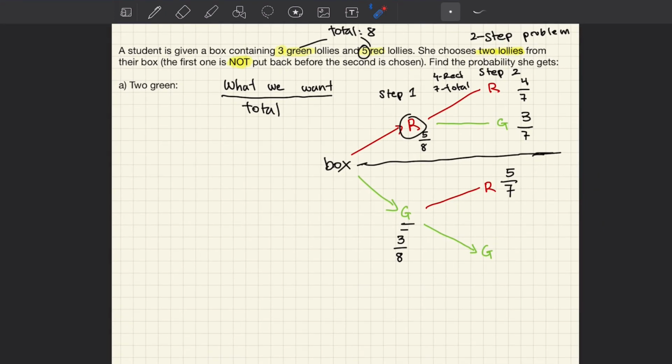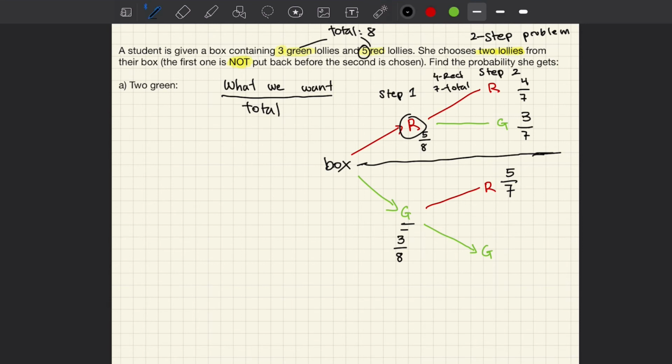If you recall, we didn't take any reds out on this path here, but we took one green out. So our total is going to be 1 less than it was. But we took no reds out, which means our number of reds stays the same. So what we want stays the same, but the total decreases.